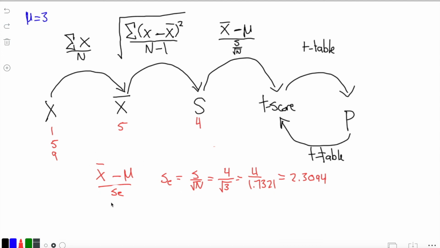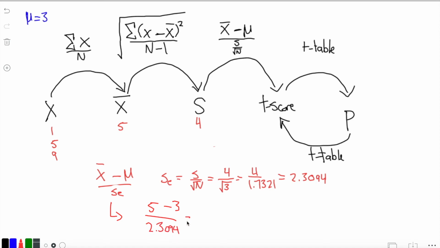So let's bring this equation down a bit here. And what we get is our mean, which is 5, minus our mu, which was given to us in the question, which is 3 here. So it's going to be 5 minus 3 divided by our standard error, which is 2.3094.